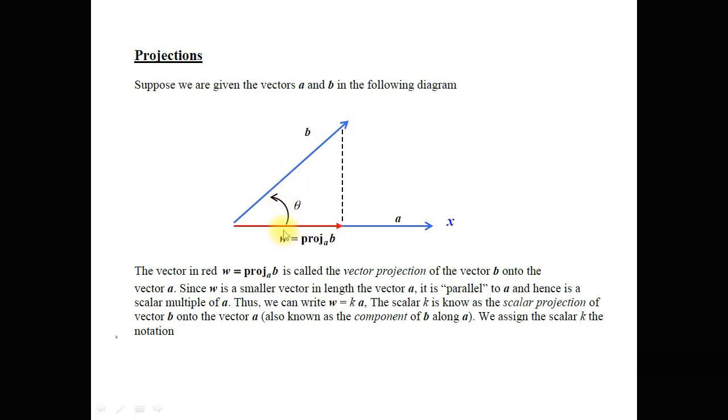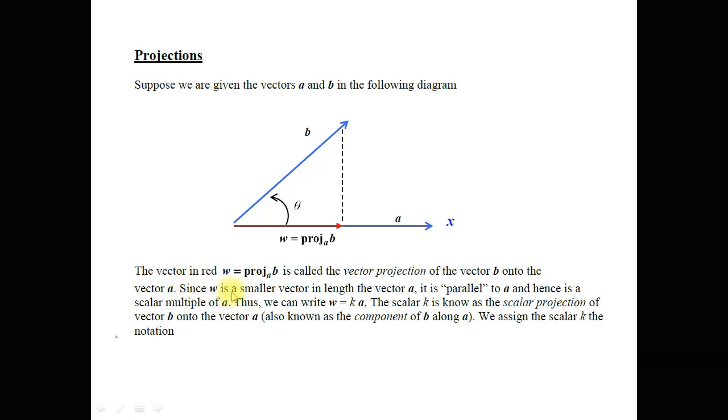Now you see over here this is vector W represented by the red color. The vector W in red is equal to the projection of vector B onto A, called the vector projection of the vector B onto the vector A.